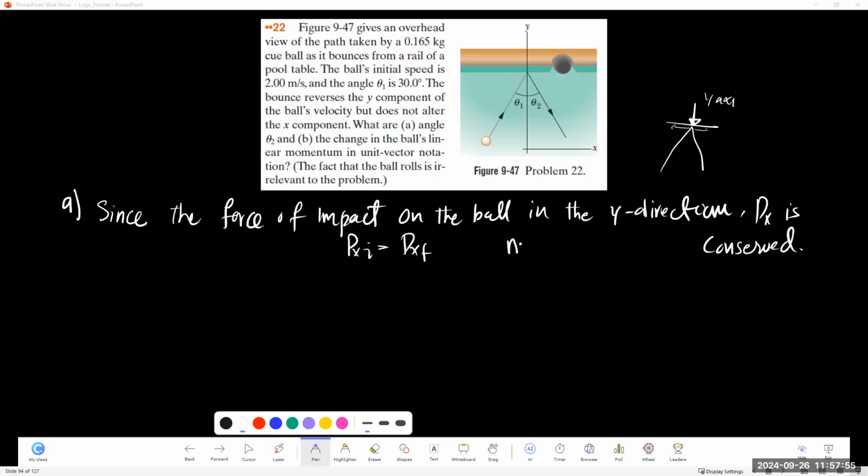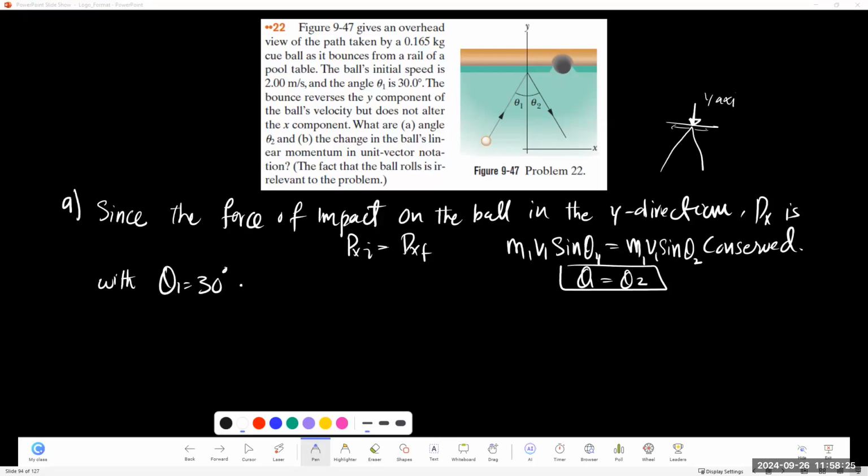We can also write m1 v1 sin theta 1 equals m1 v1 sin theta 2. Here everything will cancel out. The only thing left over is theta 1 equals theta 2. So with that, we already talked about this. This is a mathematical proof that theta 1 equals 30 degrees, so we found theta 2 should equal 30 degrees.